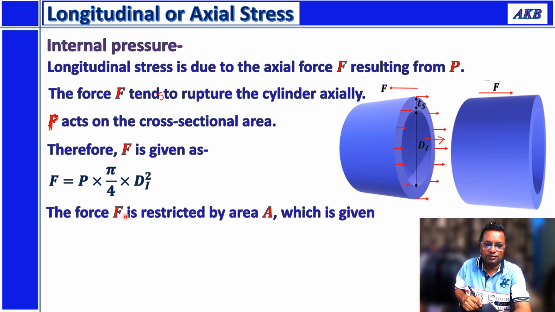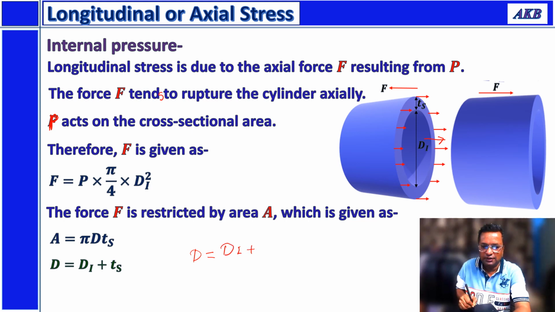This force is then resisted by area A. And how is it given? This area is given as pi into d into ts, where d is nothing but di plus ts, that is the mean diameter. If you do a simple analysis, you'll come to know d is di plus do upon 2, which is nothing but di plus ts.